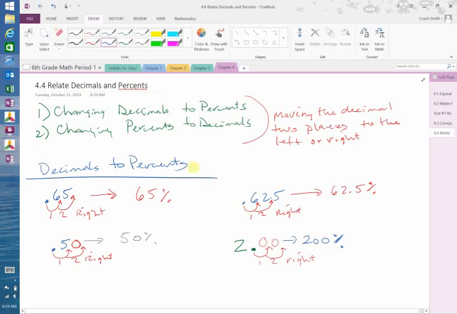Okay, so to change a decimal to a percent, you move the decimal exactly two places to the right. It's not real difficult.